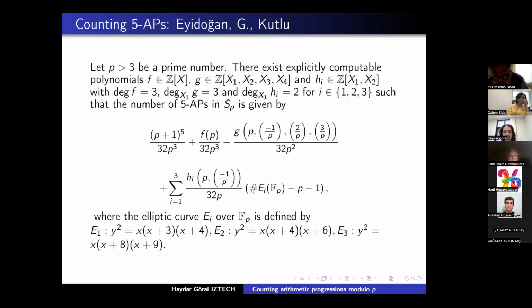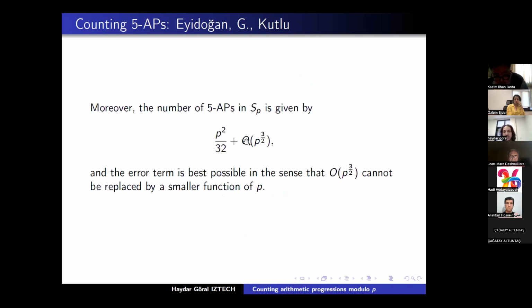And for 5, we did the same thing. We counted them exactly. One can find all polynomials here, and there are 3 elliptic curves, and one can show that again the error term is inevitable. I mean, you cannot replace this function with a smaller function. So this is also kind of a Riemann hypothesis case. There is one term, and you can cancel at most a square root.